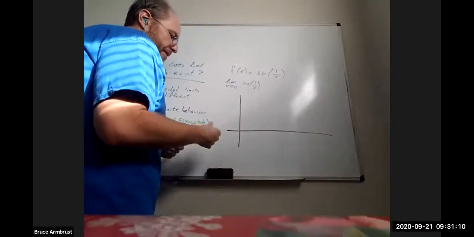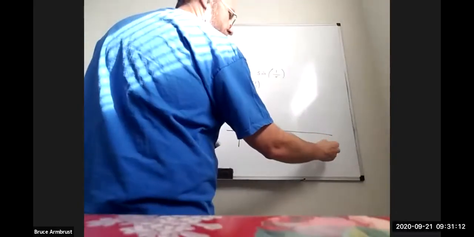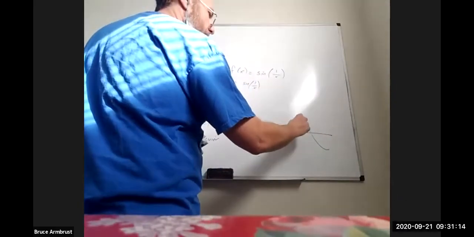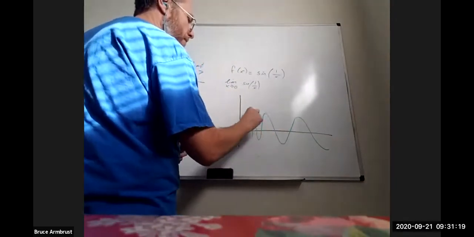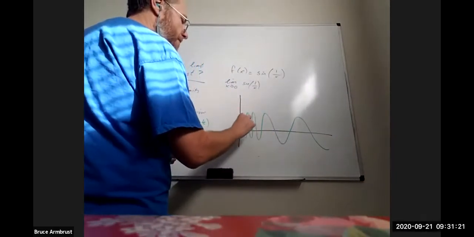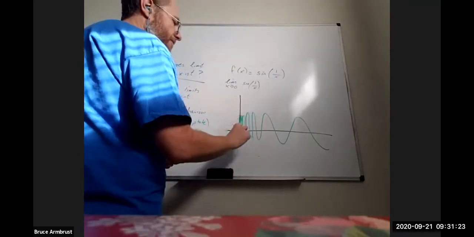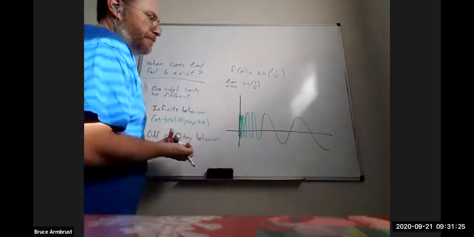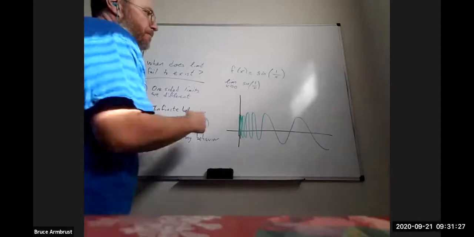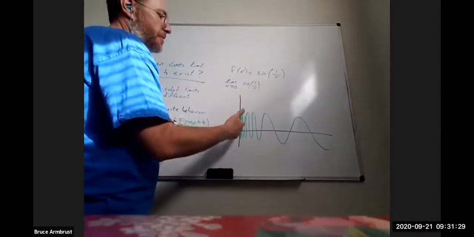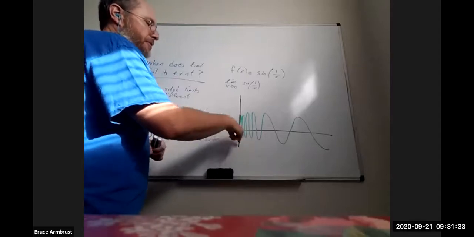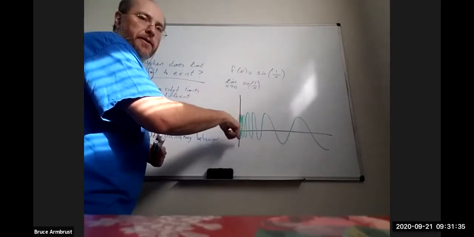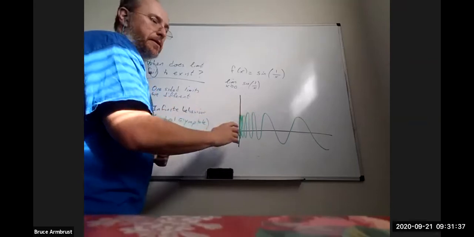But what would happen if you were to draw the graph of this thing? Sine oscillates between plus and minus 1. So over here, it's oscillating. But what ends up happening is that oscillation gets faster because we're plugging in larger and larger numbers. And so pretty soon, as we go to 0, it's just flying back and forth between plus and minus 1.